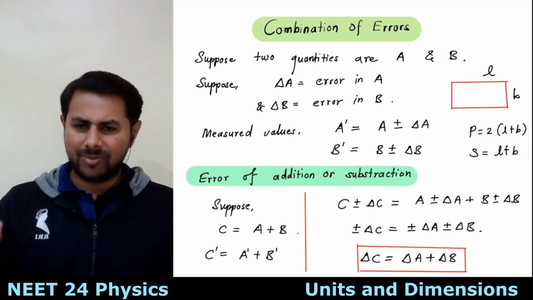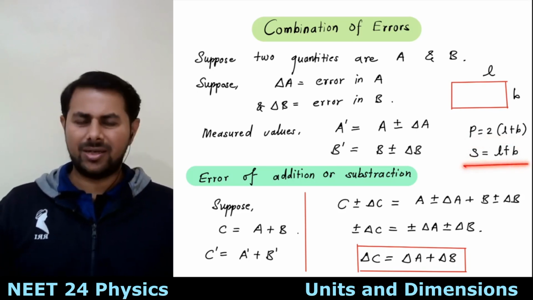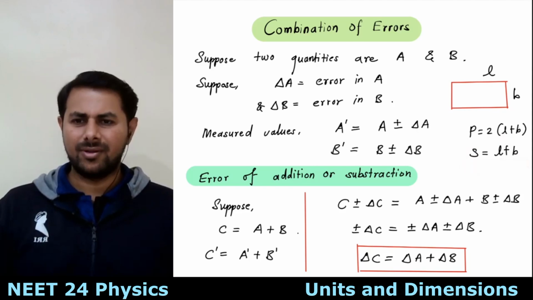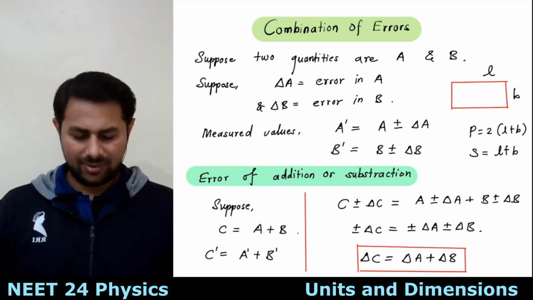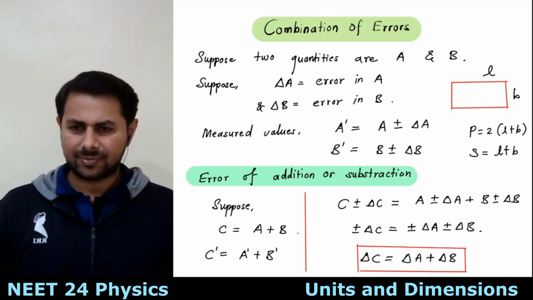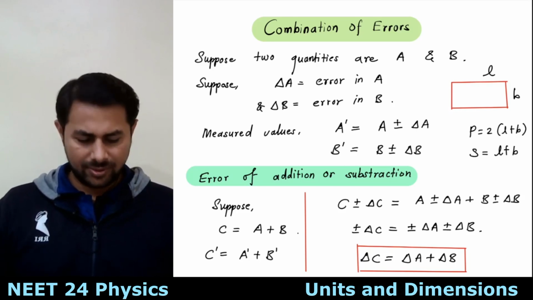So this is like common sense only. The mean absolute error will be added up because you are adding the two quantities. Okay, this thing is clear? Yes, no? Okay.